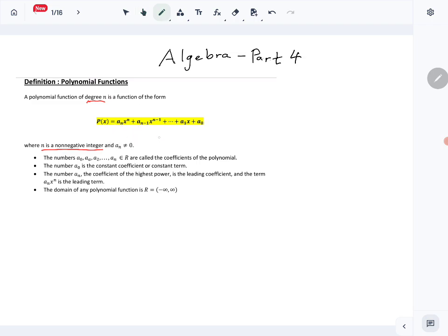Degree is the power of the highest power term. So here the highest power term is x to the n. So the power is n. That is why we call this a degree n polynomial. So remember the condition. N has to be a non-negative integer.